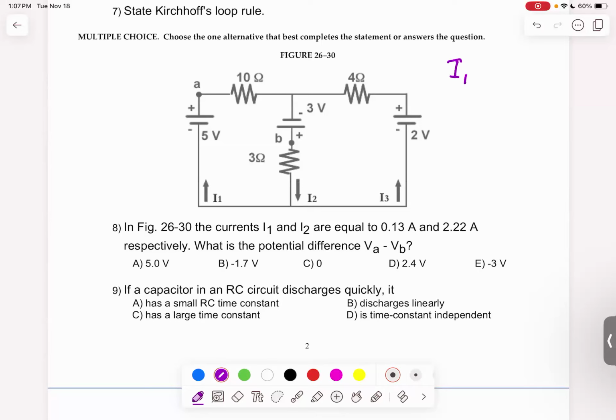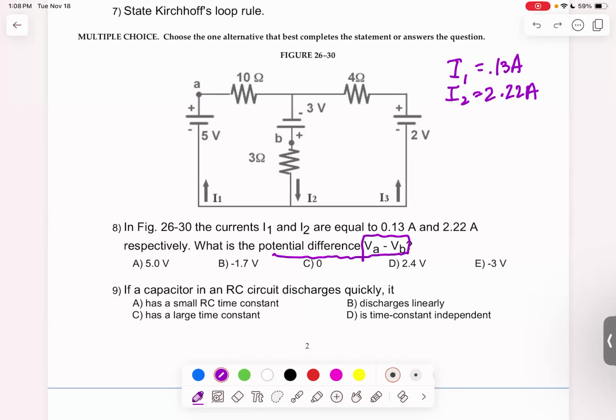So I1 is equal to 0.13 amps, and I2 is equal to 2.22 amps. And we want to know the potential difference, in other words the voltage drop, from A to B. As we go from this point to this point right here, we want to know what the difference in the voltage is. You'll hear potential difference, you might hear that as well.